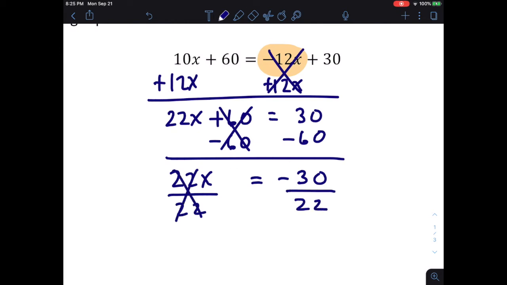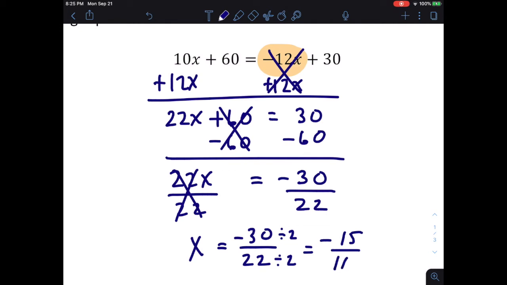So the 22s cancel each other out, so I have x equals negative 30 over 22. Now, this number doesn't end up being a nice, neat decimal when we divide it. So what we want to do is simply reduce this fraction as low as we can. So I'm going to reduce it by dividing by 2. So I end up with negative 15 over 11, and that's all I can do.